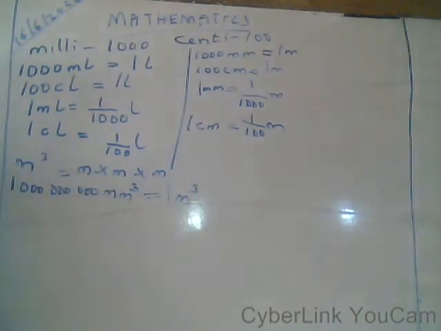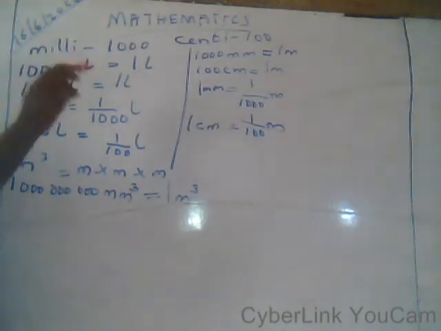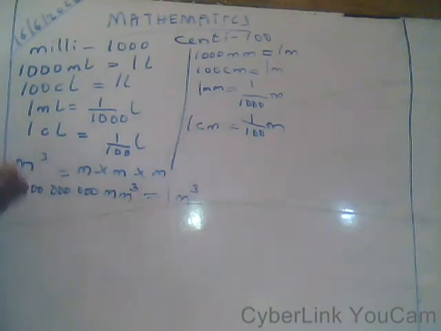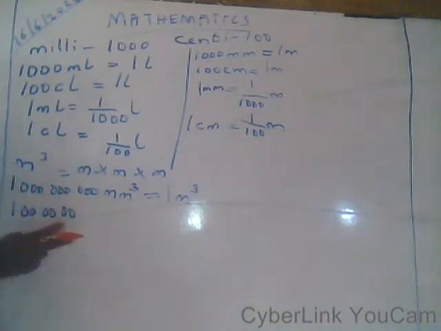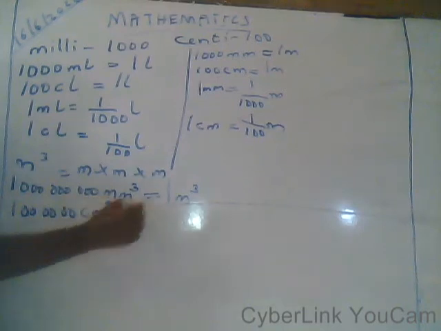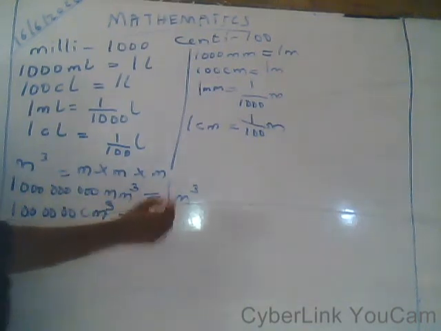Also for centimeter cube, I'm going to multiply 100 3 times. 100 multiplied 3 times in centimeter cube gives me 1 meter cube.